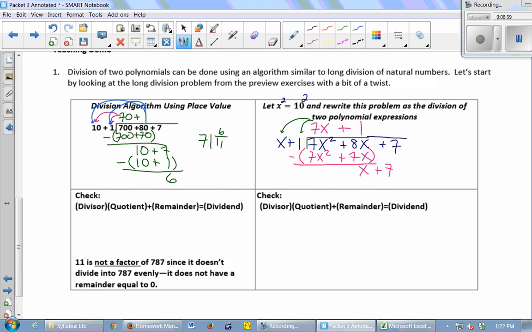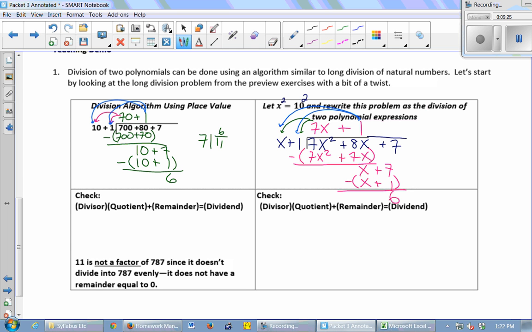And then I have to distribute that plus 1 to the x and to the 1. Right? So 1 times x is x. 1 times 1 is 1, and I subtract. x minus x is 0. 7 minus 1 is 6. No, 6 is the remainder, so it's not a factor.